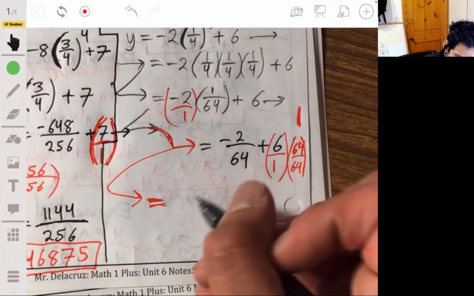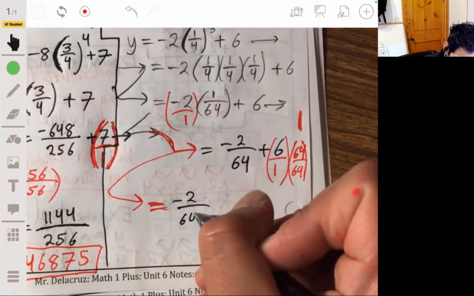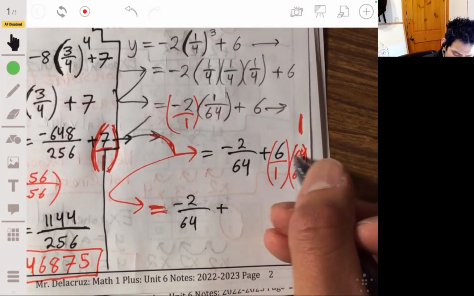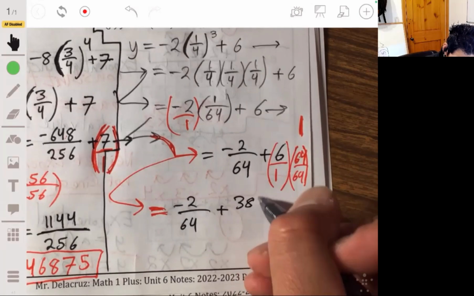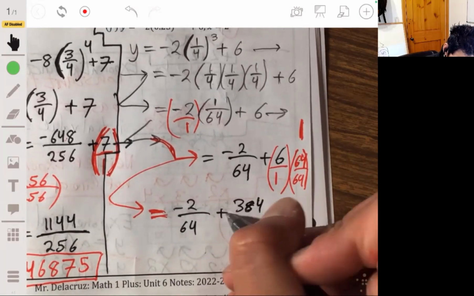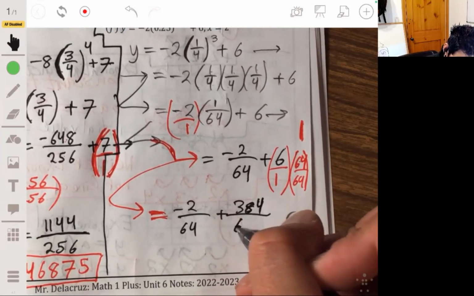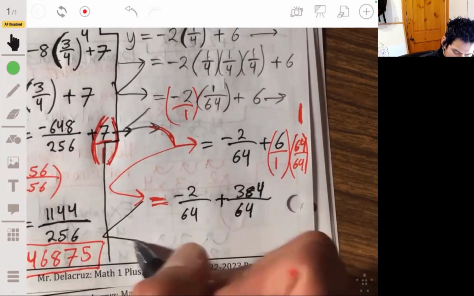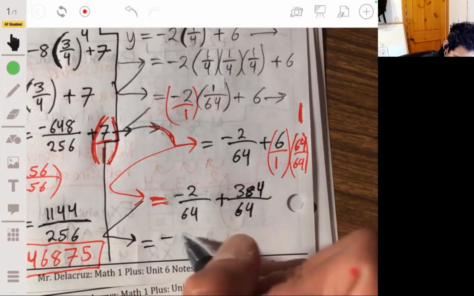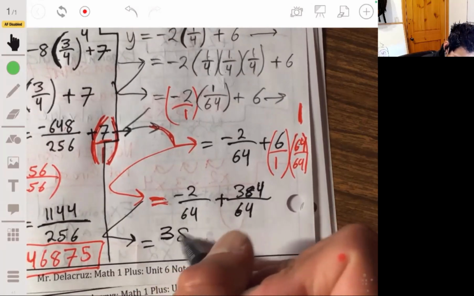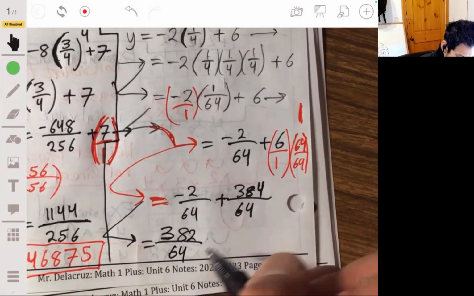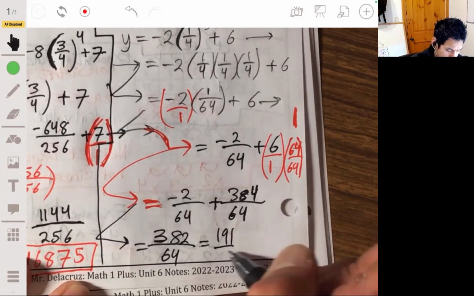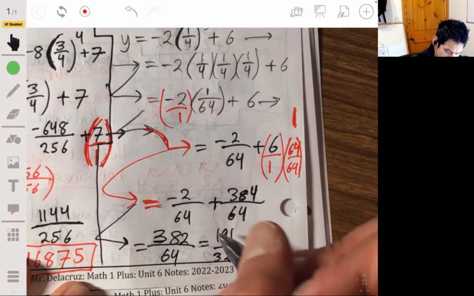Now from that, we have negative 2 over 64 plus 6 times 64 on top, so 384 over 1 times 64. Then we just add negative 2 and 384, so we get 382 over 64, which reduces to 191 over 32.